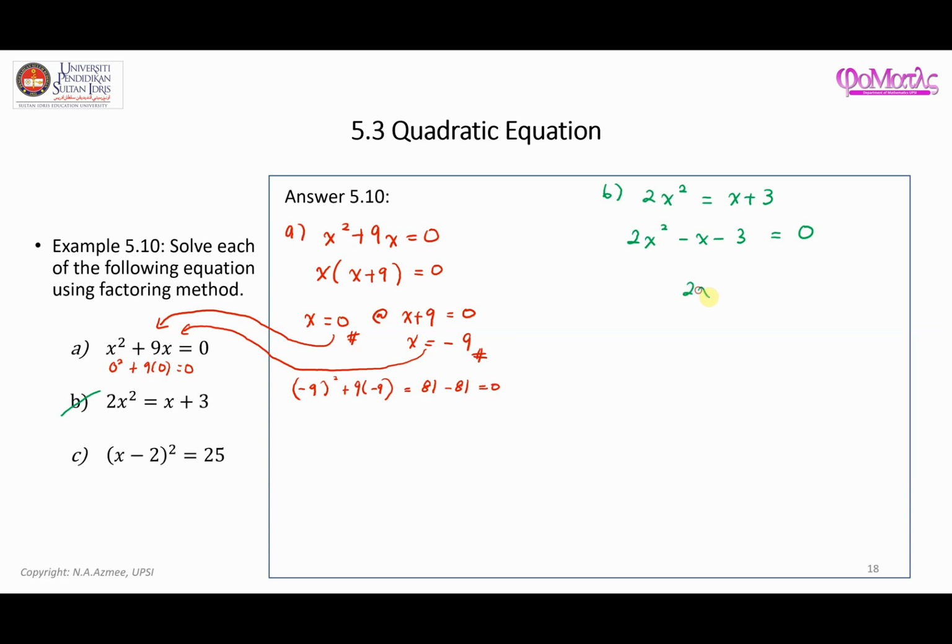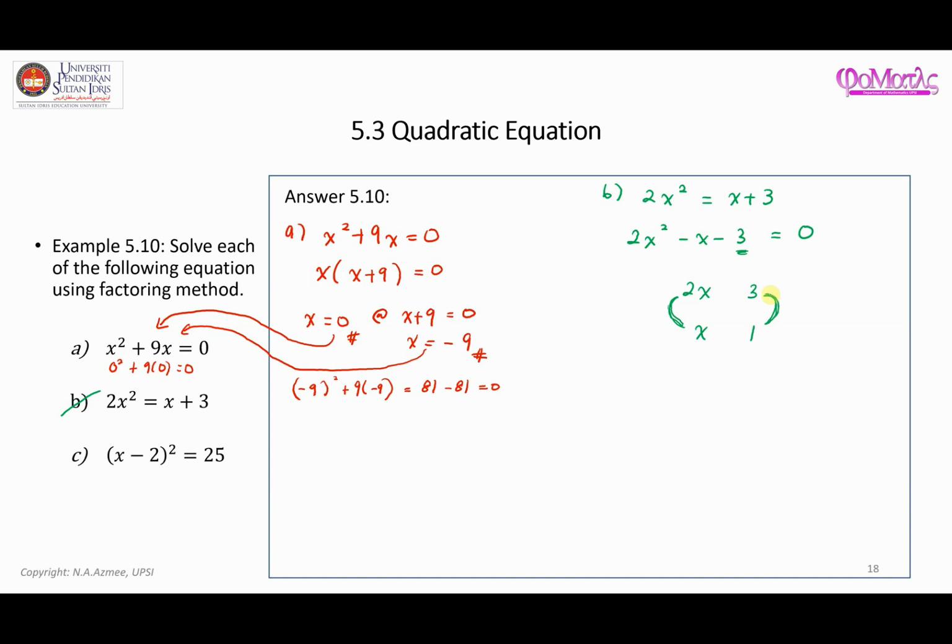So for example, this is 2x and this is x. When I multiply them, I will get 2x squared. I'm going to find a combination of numbers such that when I multiply these two values, I'll get 3. So maybe this could be 1, this could be 3.